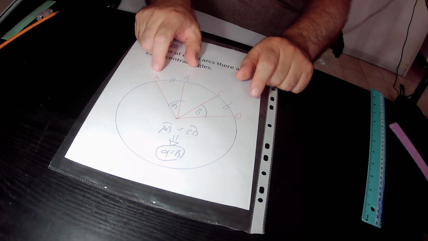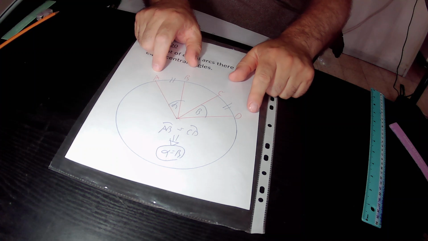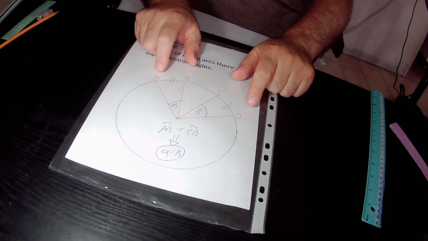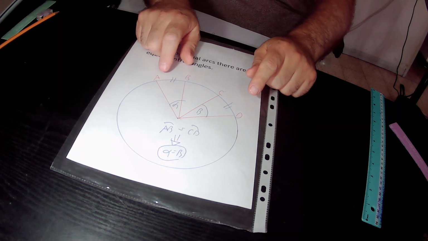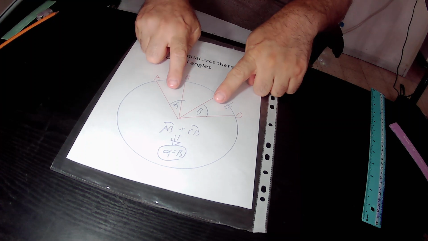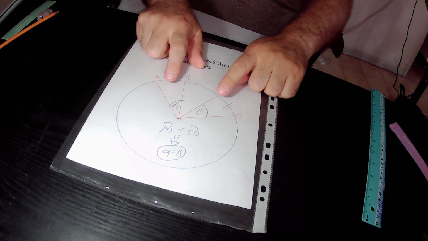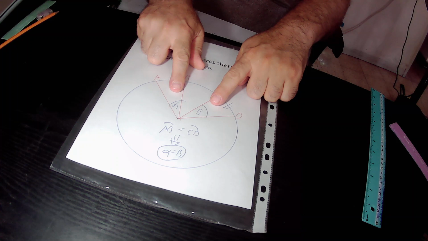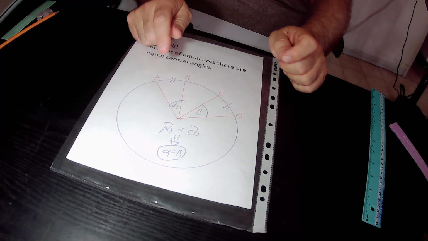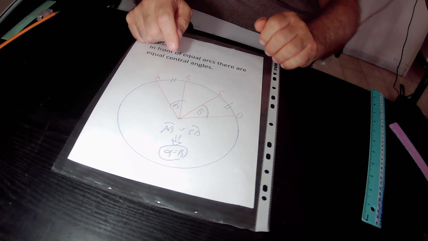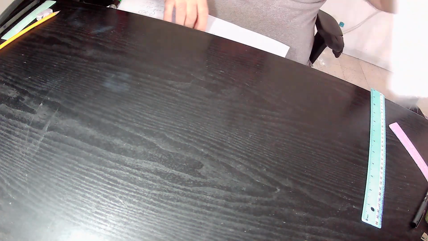So those two arcs are equal to each other, and therefore in front of those two equal arcs, there must be equal central angles. That is to say, according to rule 20, central angle alpha equals central angle beta. So we can implement rule 20 in our drawing.